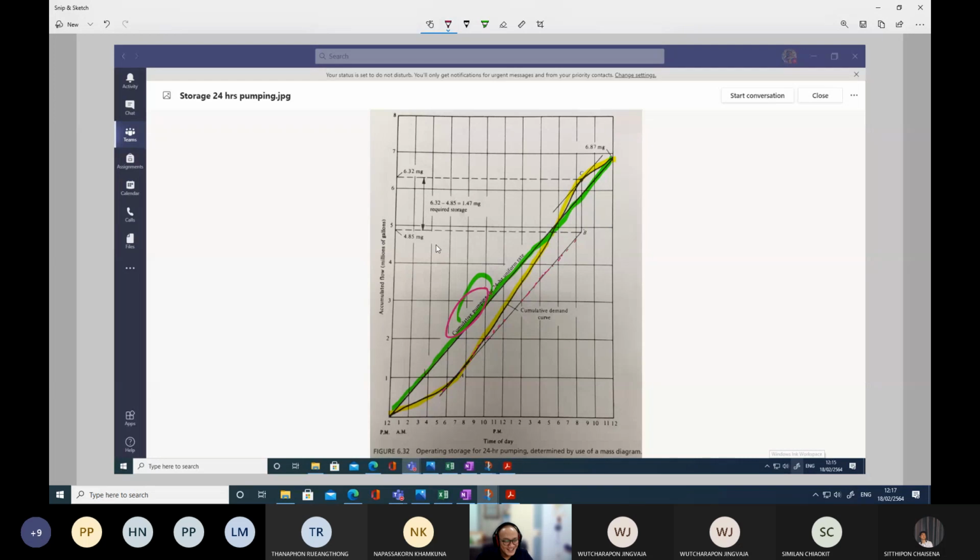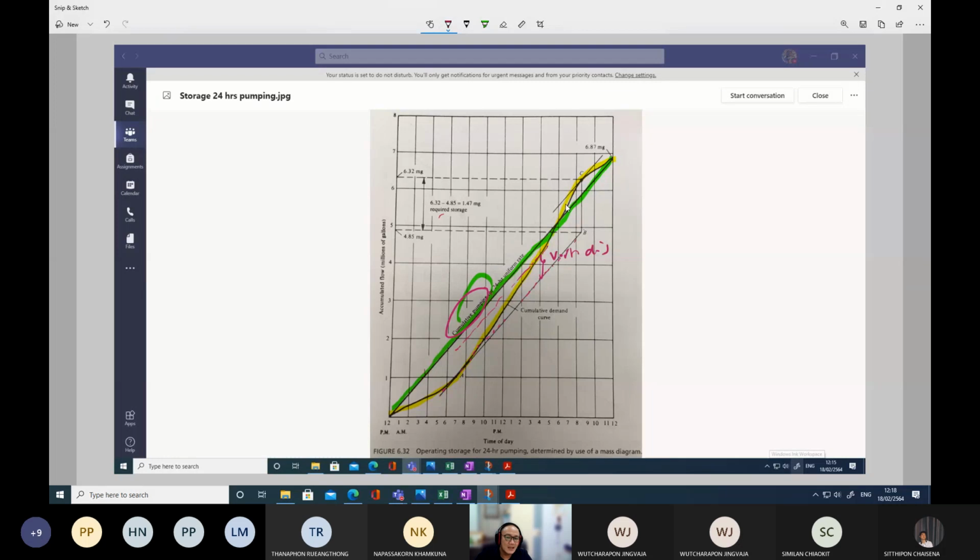The maximum vertical distance of the tangent is equivalent to the required storage. So if you establish the tangent AB, that is one, you may establish another tangent here, but this will still not give the maximum vertical distance.